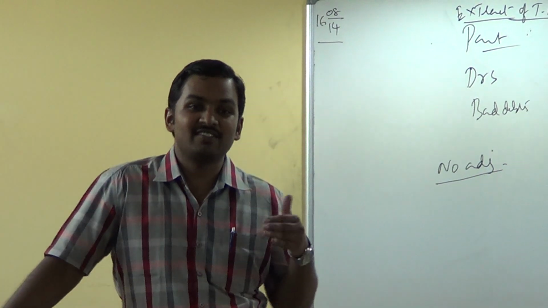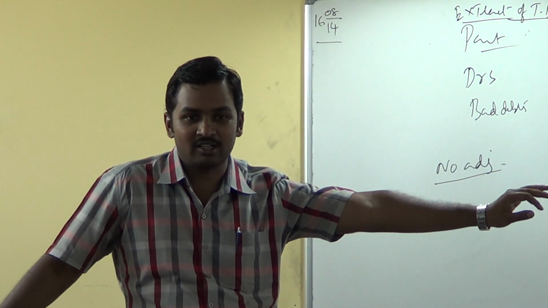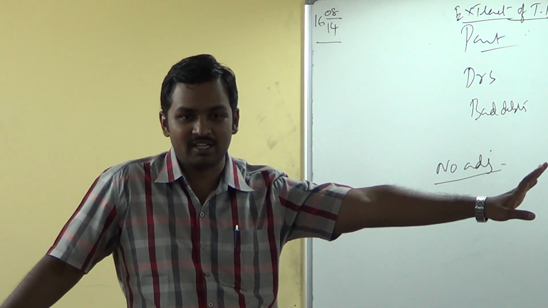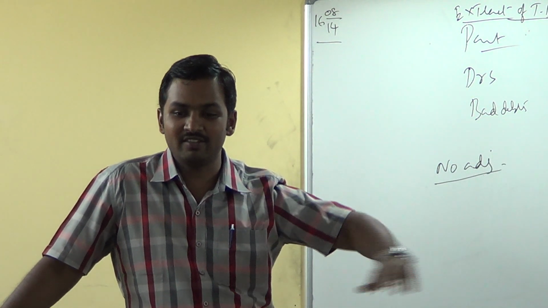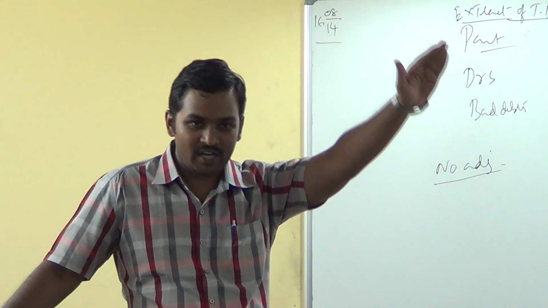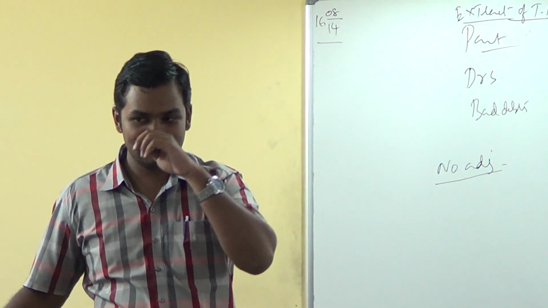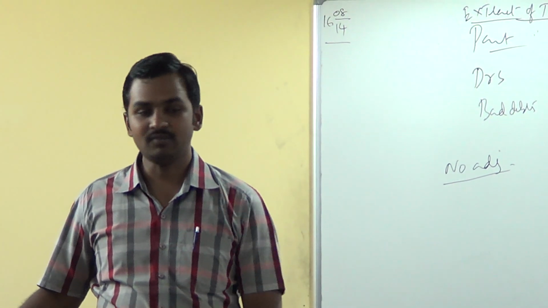If it is given inside the trial balance, it has to be shown only as a loss in the P&L account. It should not be subtracted from debtors. If bad debts is given outside the trial balance and you are required to do an adjustment, then we subtract it from debtors and then debit the profit and loss account. Is it clear, everyone? Next.